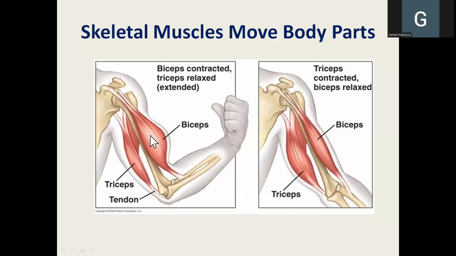I might ask you, justify why contraction of the biceps muscle results in flexion of the elbow joint. This is because the biceps has an origin, which is the tendon that is connected to the stationary bone, which is here the scapula, and it has an insertion, which is the tendons that are connected to the movable bones.